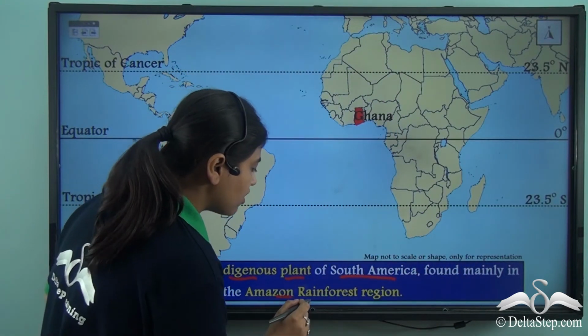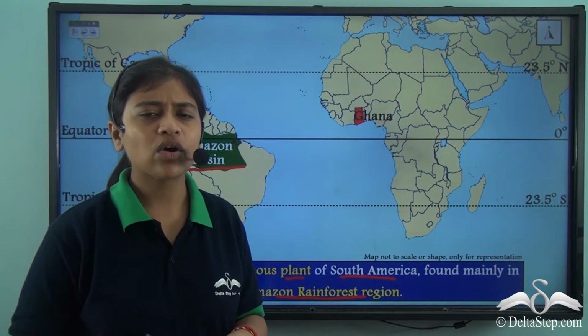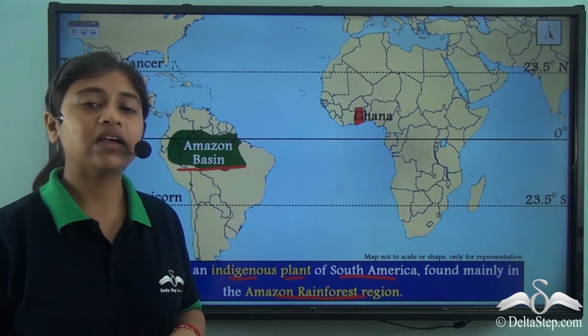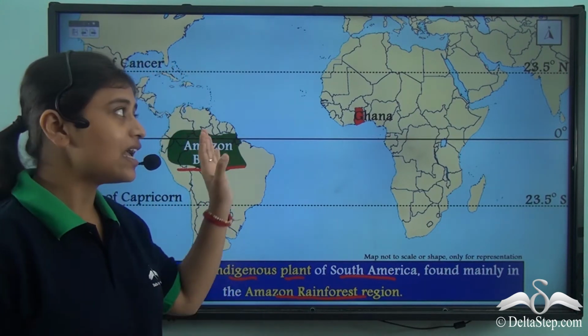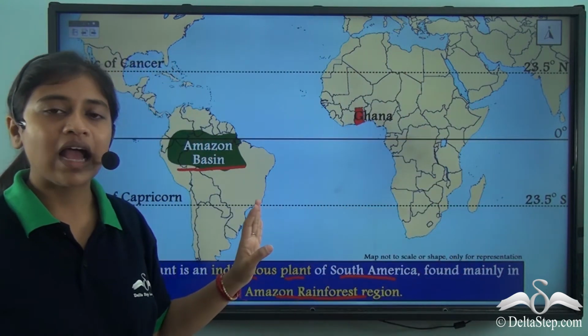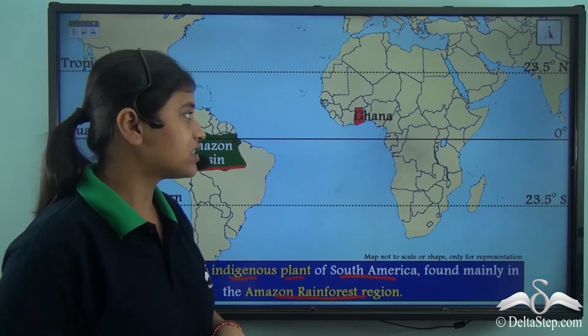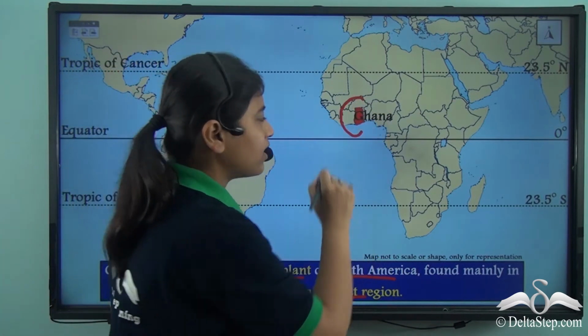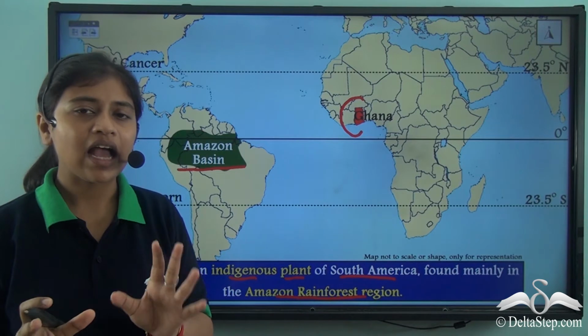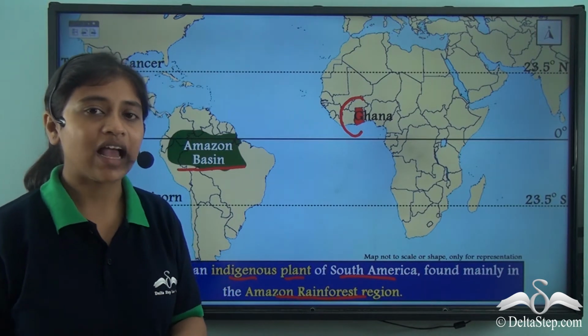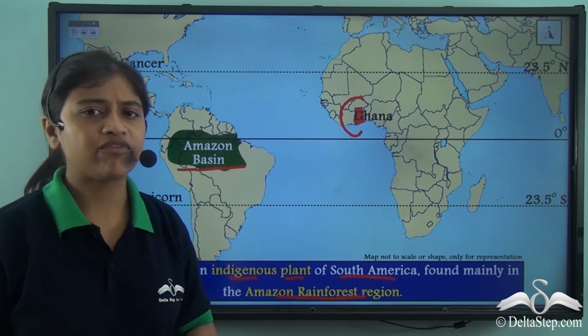the Amazon rainforest region. In earlier times, when the Europeans were colonizing different parts of the world, including Africa, they realized that some parts of Ghana have similar climatic and geographical conditions as the Amazon rainforest region.